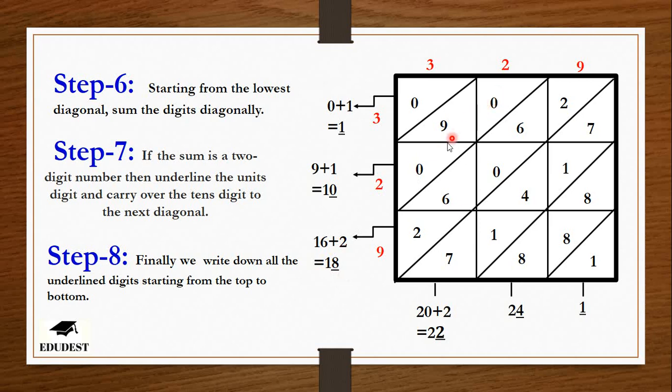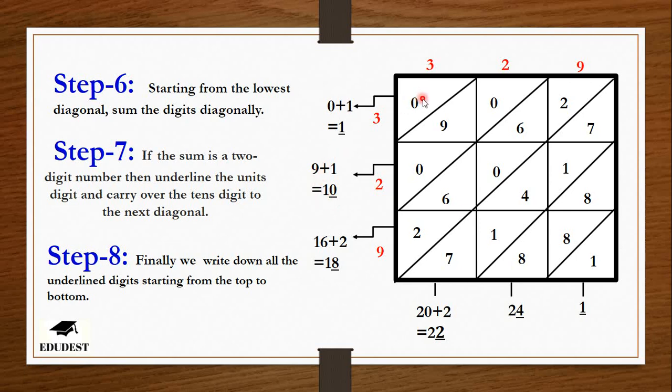Now come to the fifth diagonal. Here the total sum is 9. Then we need to add 1, because this 1 is carried from the previous diagonal. Now the total sum is 10, which is again a 2-digit number, and again we need to underline the units digit and carry forward the 1 to the next diagonal.